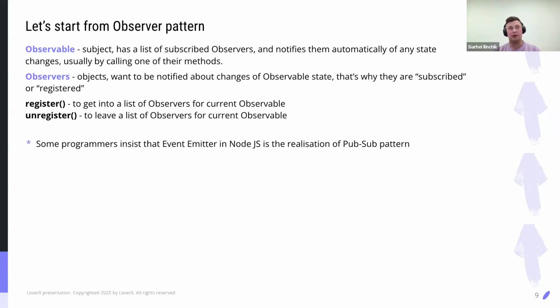So you have some observable you can observe and receive a notification on any state change. So event emitter implements the observer pattern in that way.